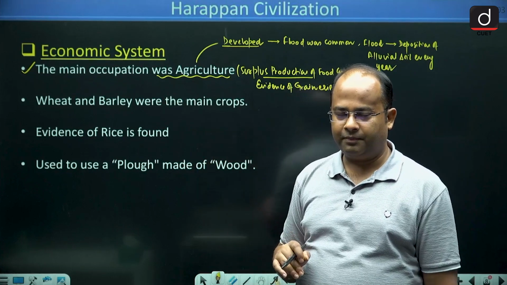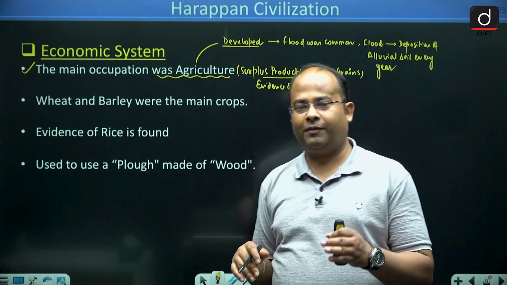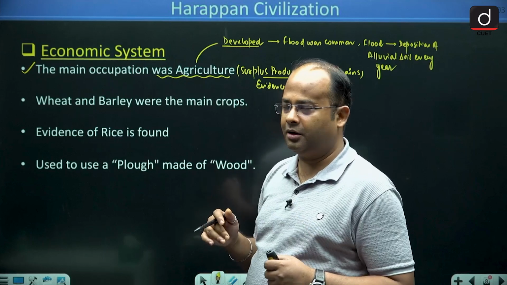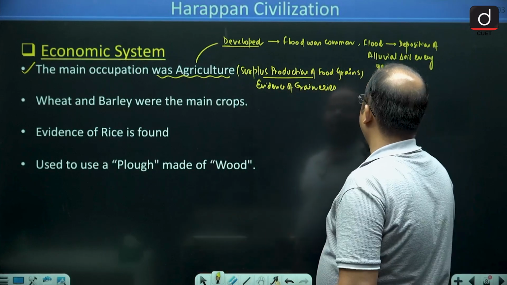get progressive. And other than this, you will find that stone sickle, wooden furrow show a systematic pattern of agriculture.